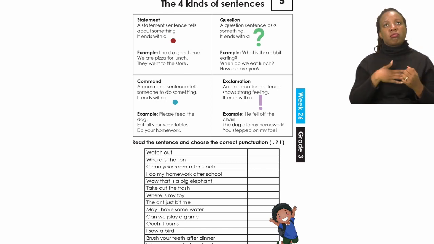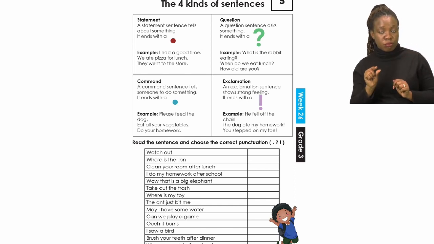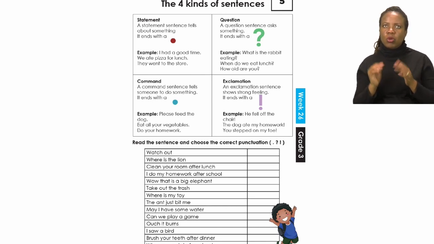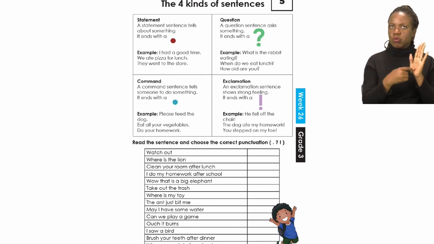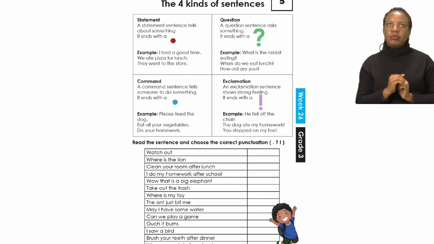So now that we have discussed the 4 kinds of sentences, let's use the punctuation we have been given to complete each sentence below. Remember, we're going to be using either a full stop, question mark, or an exclamation mark. The first one says, watch out.